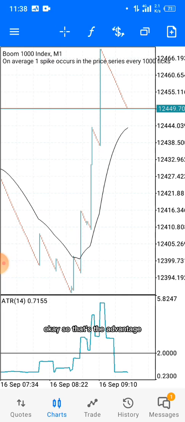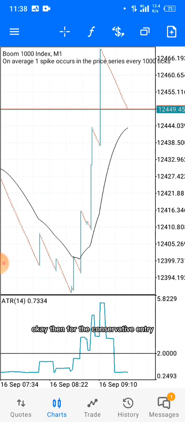Then the disadvantage is that you can incur some losses. Obviously in every strategy you can incur some losses, but this one is a little bit riskier than the conservative entry.